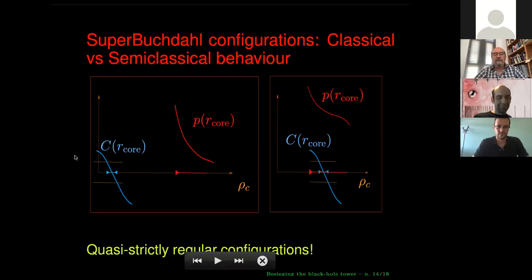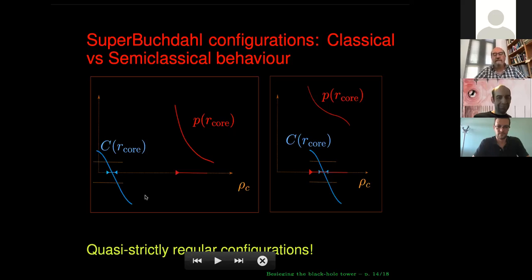What happens when you analyze that at the classical level is that you start with a configuration which has a specific radius and a specific mass, which is very compact. And then you integrate inwards, with a parameter that in principle you don't know what it is, which is the density of the star.